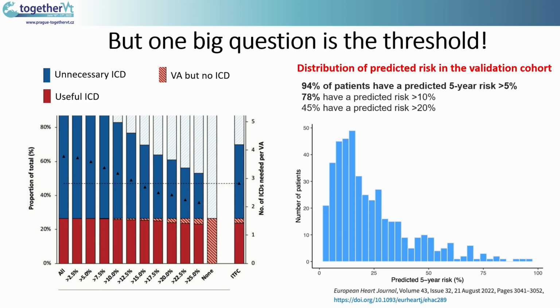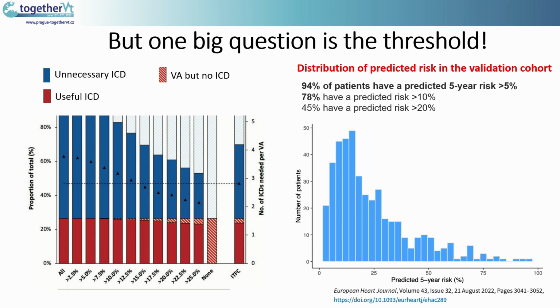And if you look at the threshold of 10%, you see that nearly 80% of the patients have a predicted risk above 10%. Do we want to implant 80% of the patients with an ICD? My answer is no. So this is, I think, one big limit of this score.